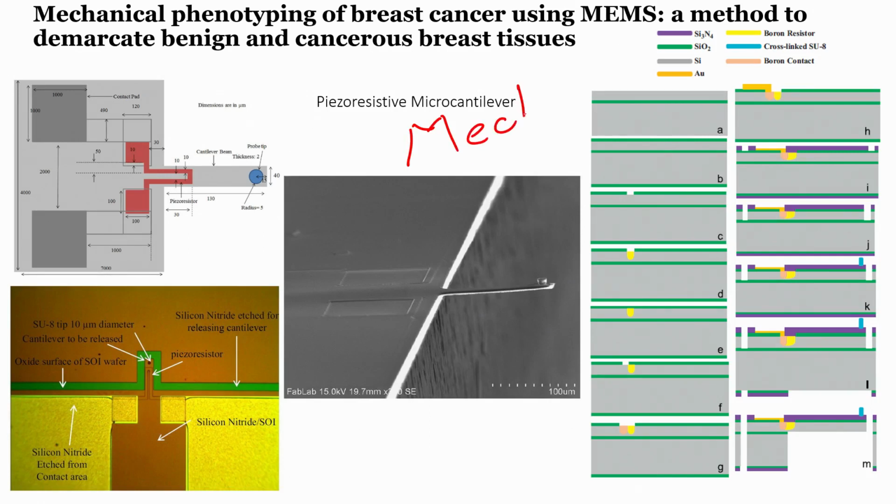So, mechanical properties are elasticity, or you can say stiffness, right, elasticity or stiffness. Now, let us see a different sensor that can help us understand the electrical property of tissue.